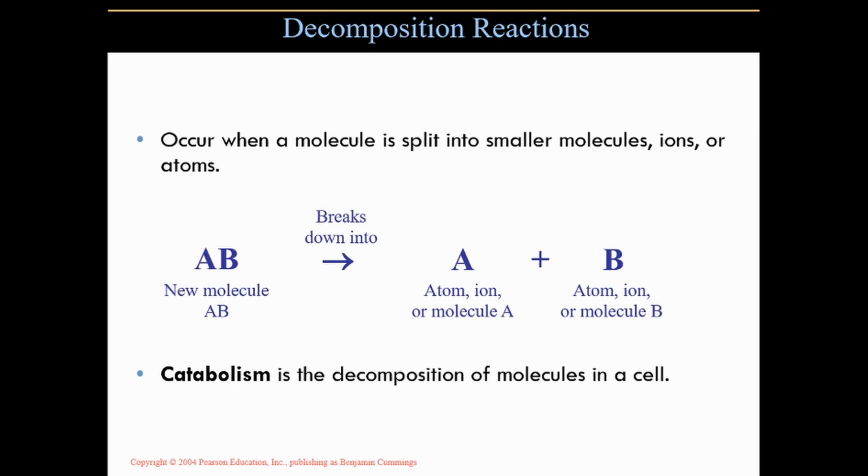Decomposition is the opposite, where you have a larger molecule that gets split into its smaller constituent parts. It's been decomposed. And the term used there are catabolic reactions, or catabolism is the decomposition of molecules in a cell. So catabolic reactions would take a larger molecule, say a protein, and break it down into its smaller constituent parts, break it down into amino acids.